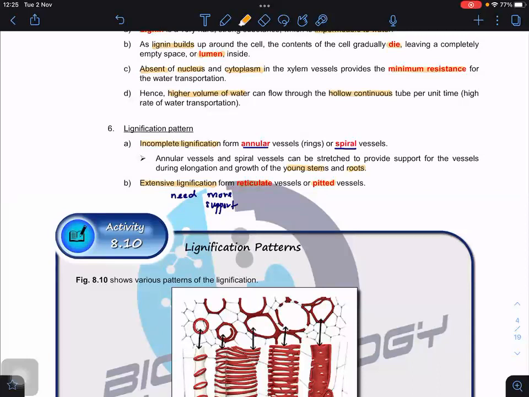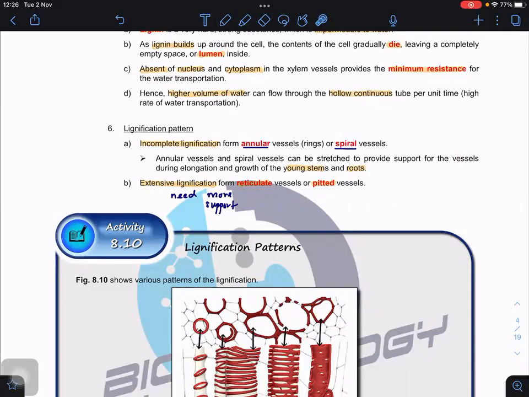So what happens here is they will choose either one. When the stem or root is young, they will choose annular. Annular won't change to spiral. Are you clear? Annular will remain annular, spiral will remain spiral. So why annular and spiral? Because when annular and spiral are used, the vessel can be stretched, providing support for the vessel during elongation and growth.